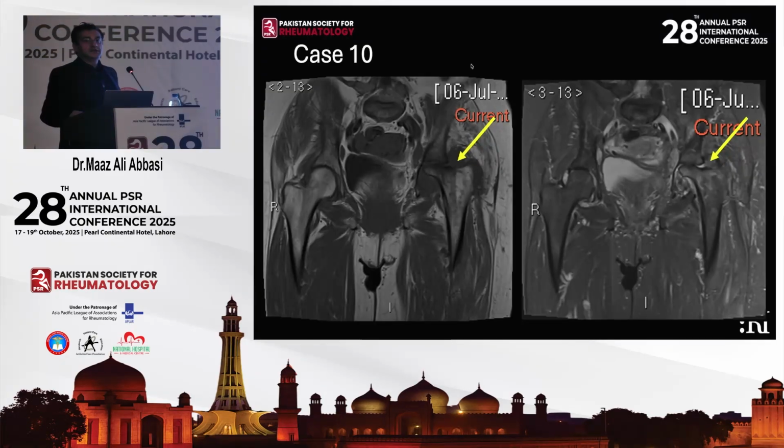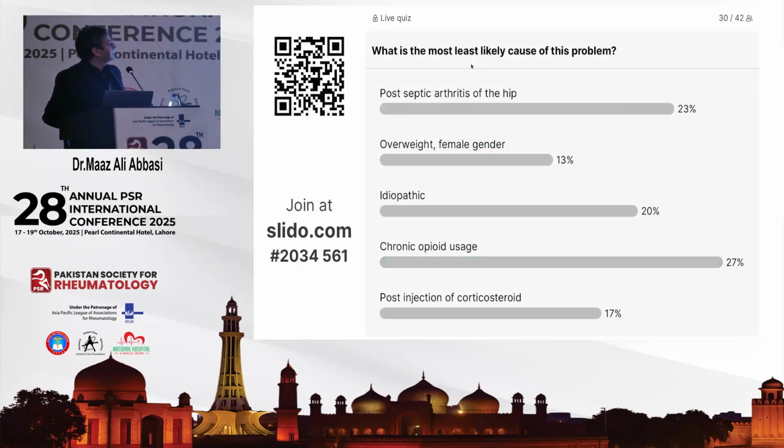Well, there's a differential, but when I see this pattern, for me there's usually only one diagnosis that I go for, and that's rapidly progressive osteoarthritis of the hip, or rapidly aggressive osteoarthritis of the hip. It can be septic arthritis, which is why I put these in, because these actually end up being your differentials. Rapidly progressive osteoarthritis of the hip is more common in overweight female gender, and it's idiopathic.